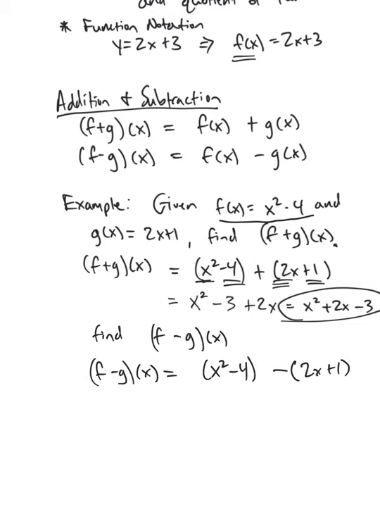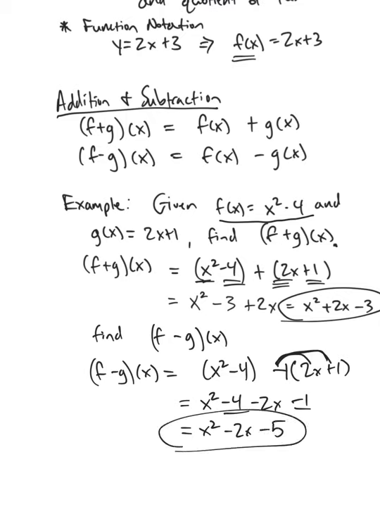Take the minus sign and distribute it like it's a negative 1. So this will be x squared minus 4. That'll become minus 2x and minus 1. And then it's combining like terms. So this is x squared minus 2x minus 5.